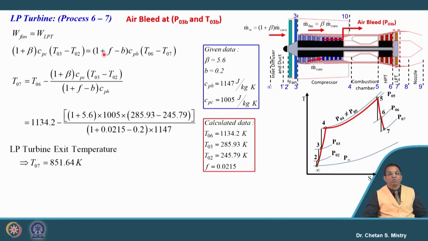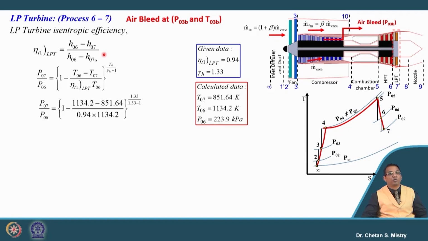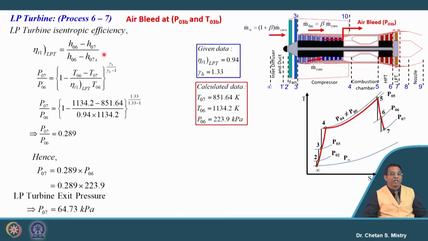Okay. Now, in order to calculate our LP turbine exit pressure, we have our formula for the efficiency. This efficiency formula we can represent in terms of pressure ratio, and this pressure ratio gives us the value of exit pressure, which comes as 64.73 kilopascal.